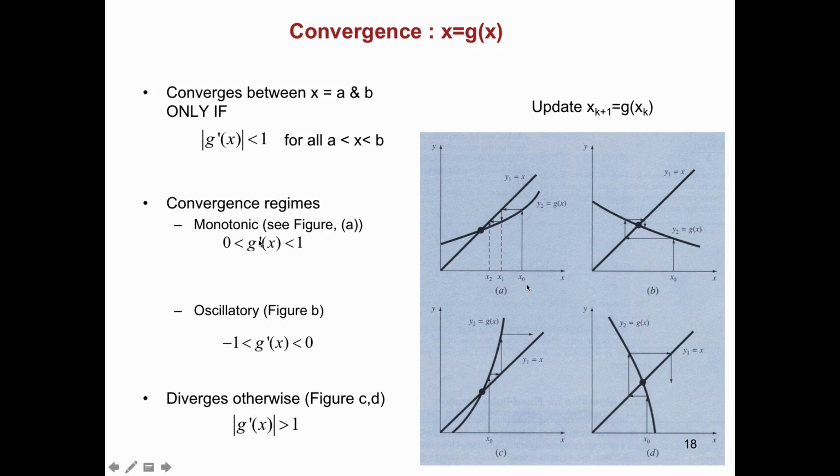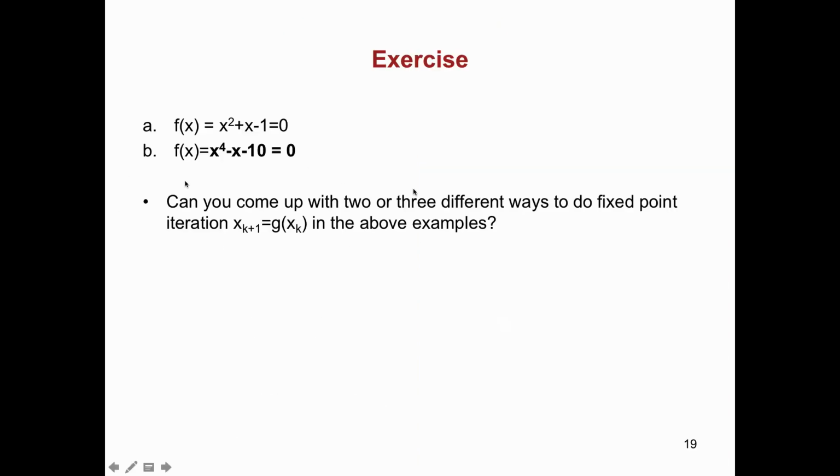And then g of x1, right here, will send me right here as x2. And I will keep spiraling away from the root that I need to be at, which is right here. So basically, g has a gentle slope if its g prime is less than 1, then I'm going to converge, otherwise I will not. So let's give it a try.